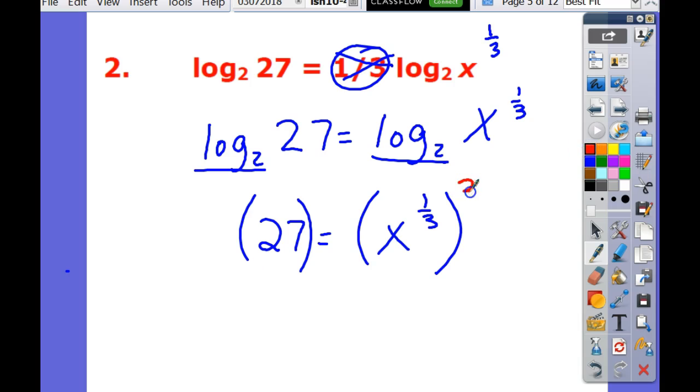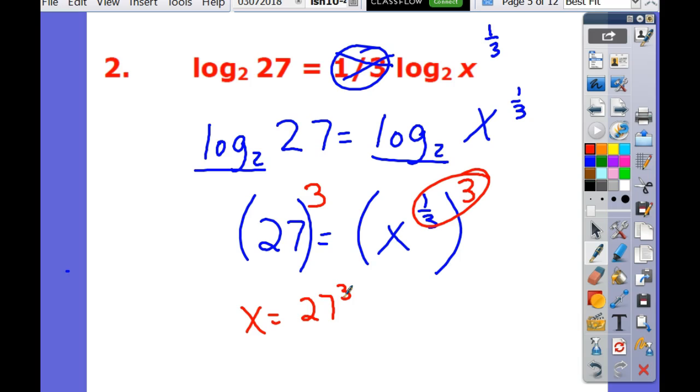So I need to raise this to the 3rd power, not multiply by 3, not cube root it. That will cancel out. And so x is going to be equal to 27 raised to the 3rd power.